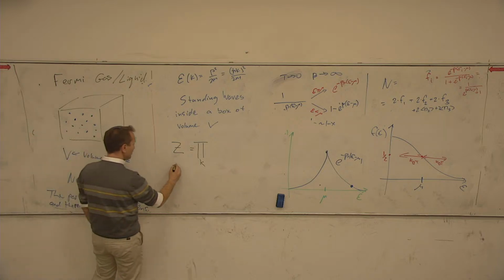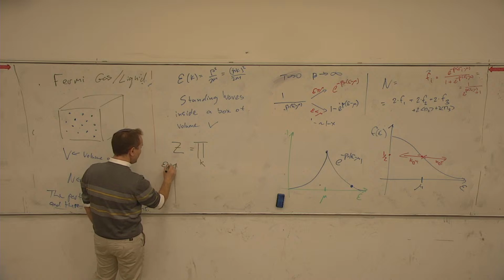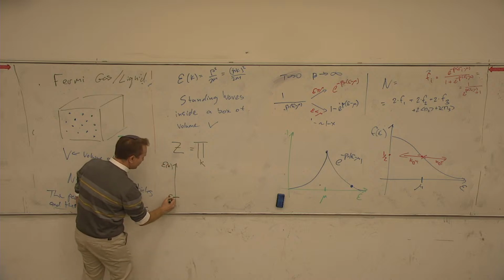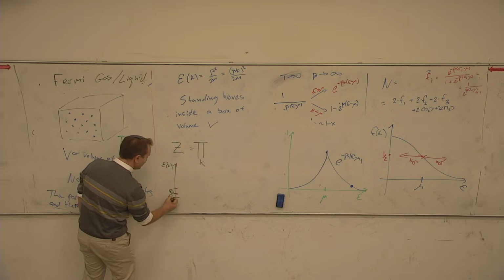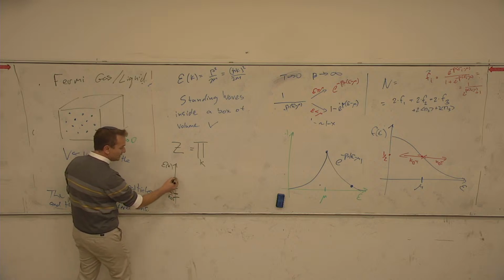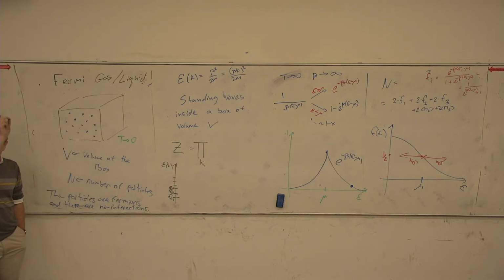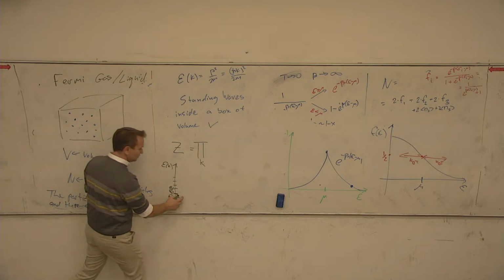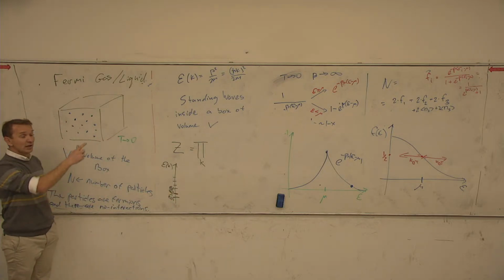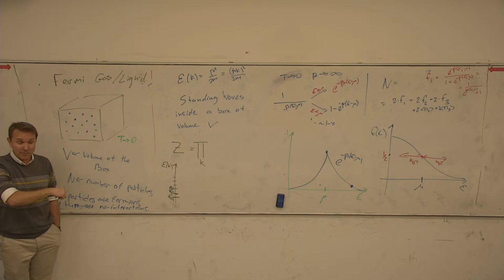I have epsilon of k, epsilon of 1, epsilon of 2, epsilon of 3, et cetera. There is of course a continuum spectrum, but each of those states is independent, and I can treat them independently, as in the previous example.